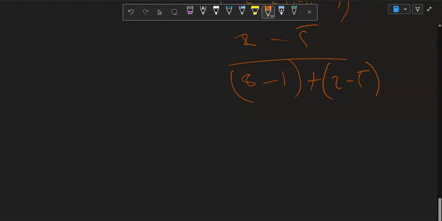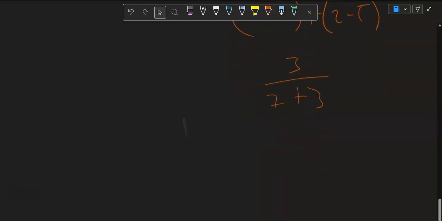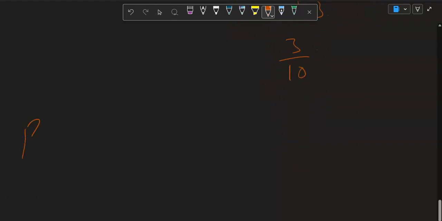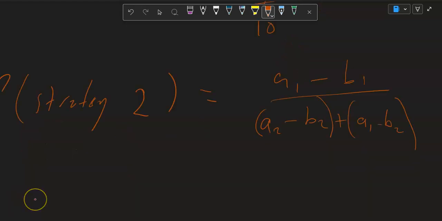Then 2 minus 5, that is 3, over 7 plus 2 minus 5, that is 3. Then we have 3 over 10. That is the probability of strategy 1. What about the probability of strategy 2?